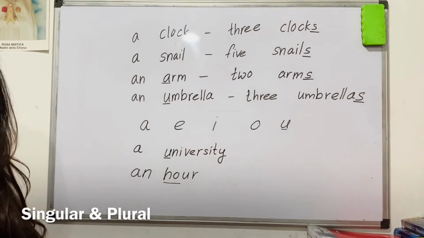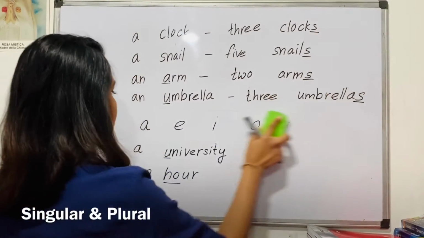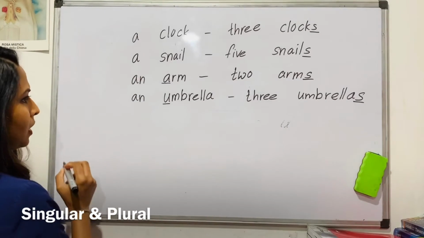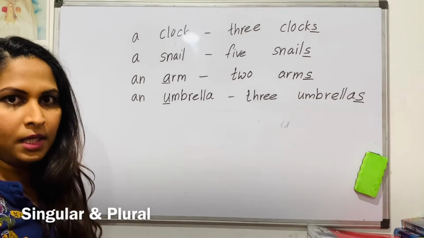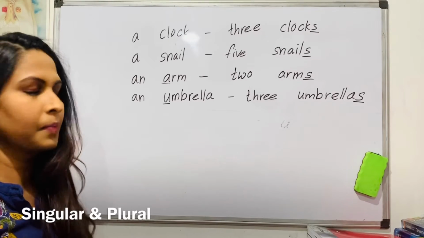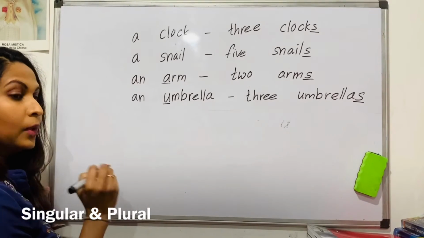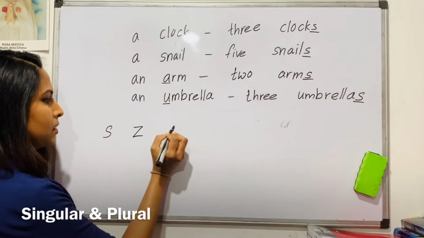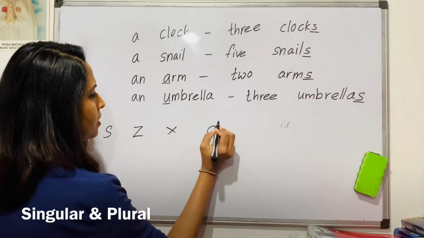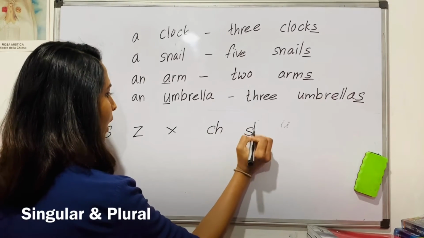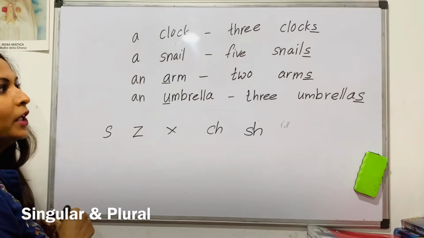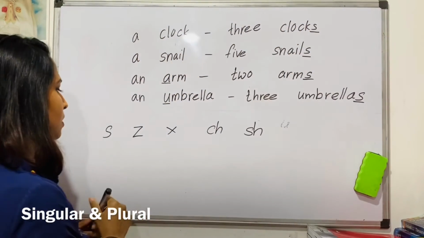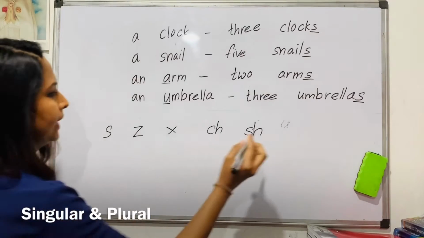But sometimes we add ES at the end of plural nouns. When do you have to add ES at the end of plural nouns? If the singular noun ends in S, Z, X, CH or SH, we do not add only an S like in these words, but we have to add ES.